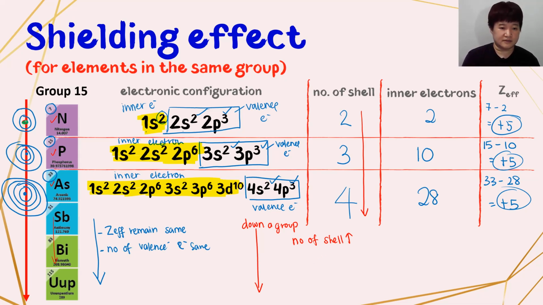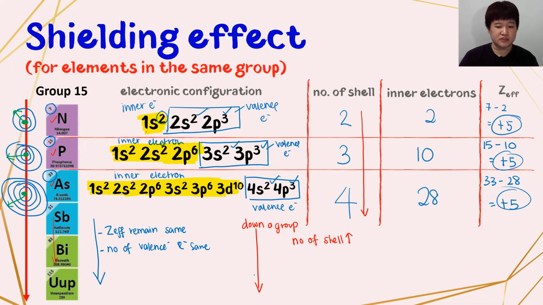When the number of shells increases, what happens to the shielding effect? This is your nucleus. Your nucleus needs to reach the valence electron, so you need to go through one shell and then it will reach the valence electron. For phosphorus, that is my nucleus, I need to reach 1, 2, and then I reach my valence electron. For arsenic, I need to reach 1, 2, 3, and then only do I reach my valence electron.